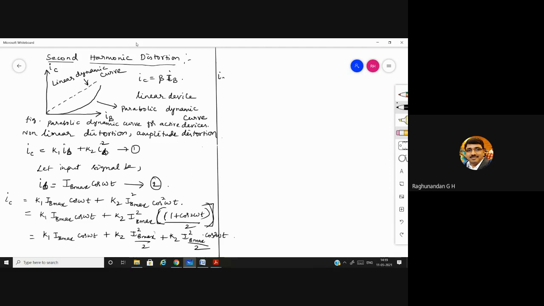So IC is equal to K2, we just rearrange it, I square B max by 2 plus K1 IB max cos omega t plus K2 I square B max cos 2 omega t by 2. Now take this as equation number 3.